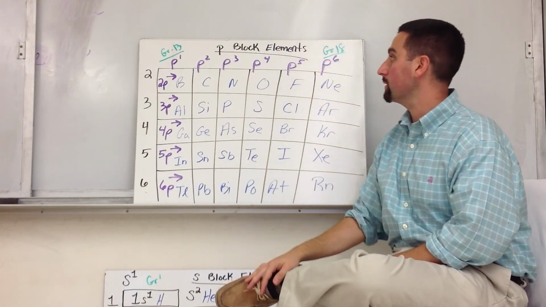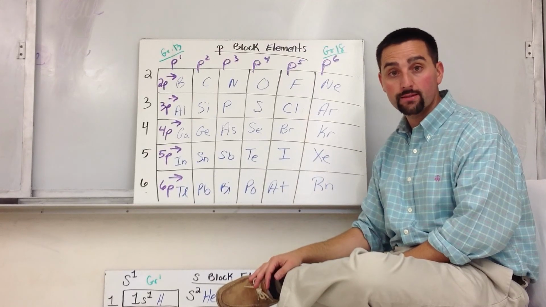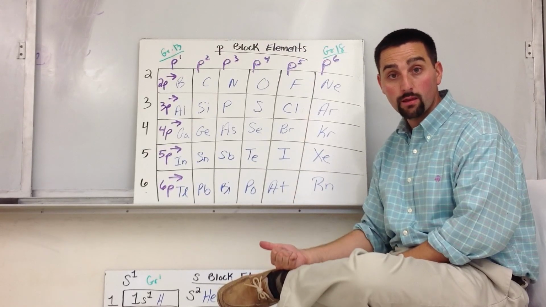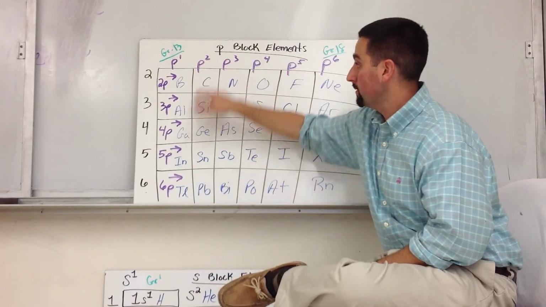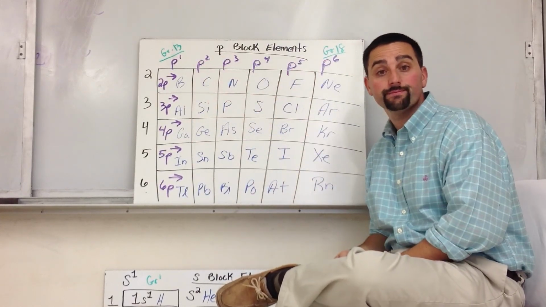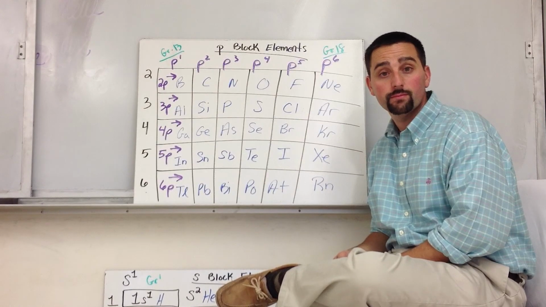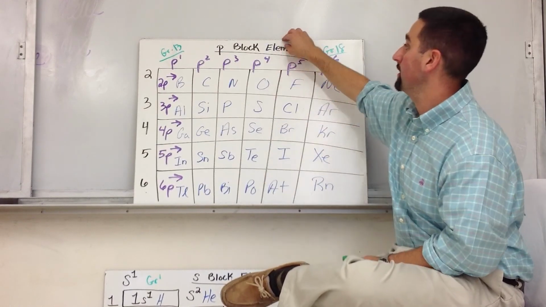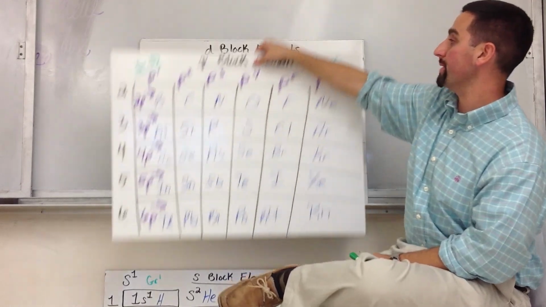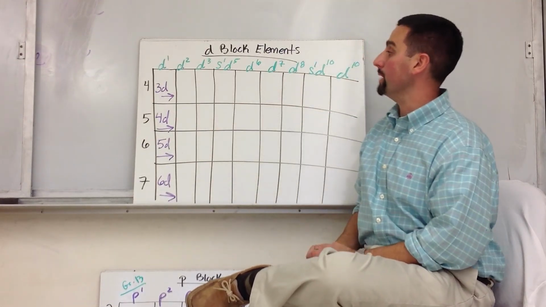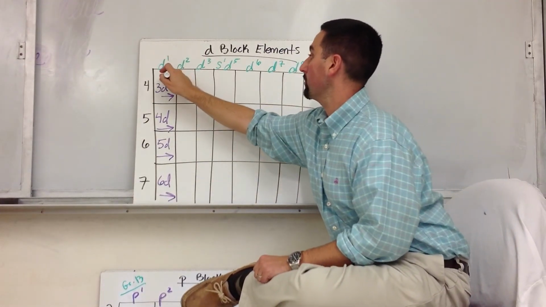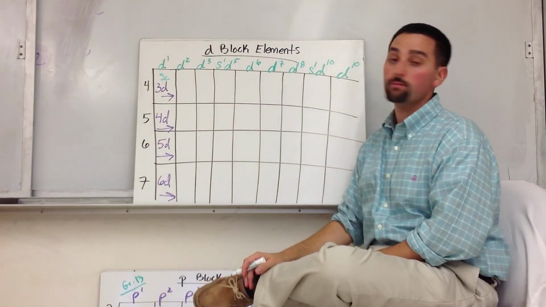Well, you can probably imagine what's going to come next. We have the s block, the p block. How many groups do you think the d block has? 10. They can fit 10 electrons. And those are our transition metals, starting in group 3. This would be, I believe, scandium, number 21.